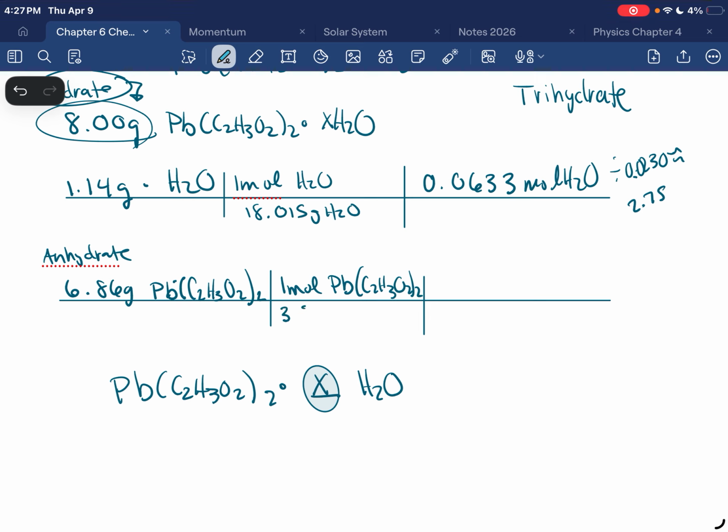And my reason is because this is the mass of Pb(C2H3O2)2. All right, so 6.86 divided by 323.288. You get 0.0295 moles of lead 2 acetate.